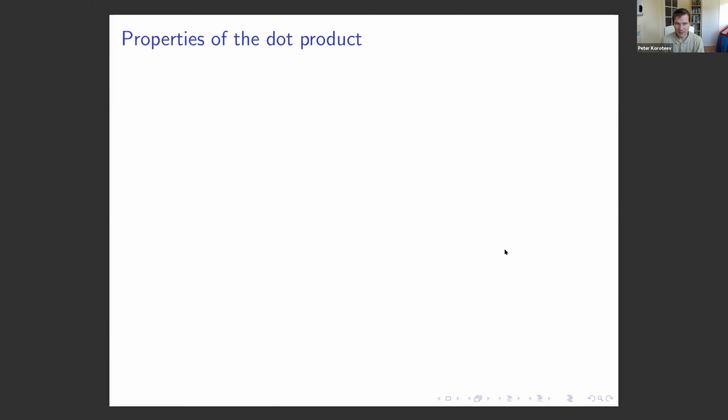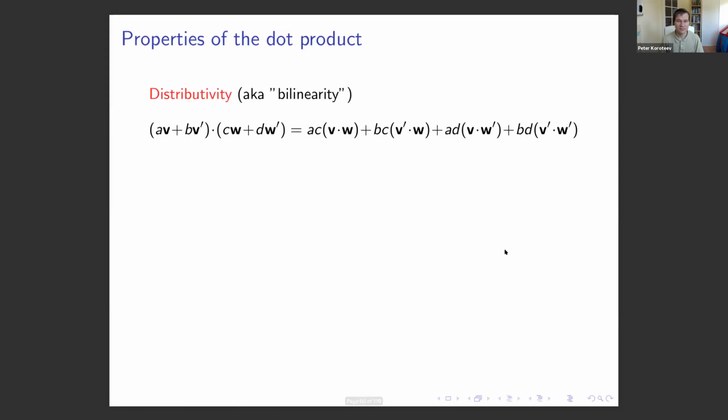Let's talk about abstract properties of the dot product. The first one is distributivity, or bilinearity. It's a fancy name for a rule of how to open up parentheses. (v + v') dot (cw + dw') is equal to the following four terms.